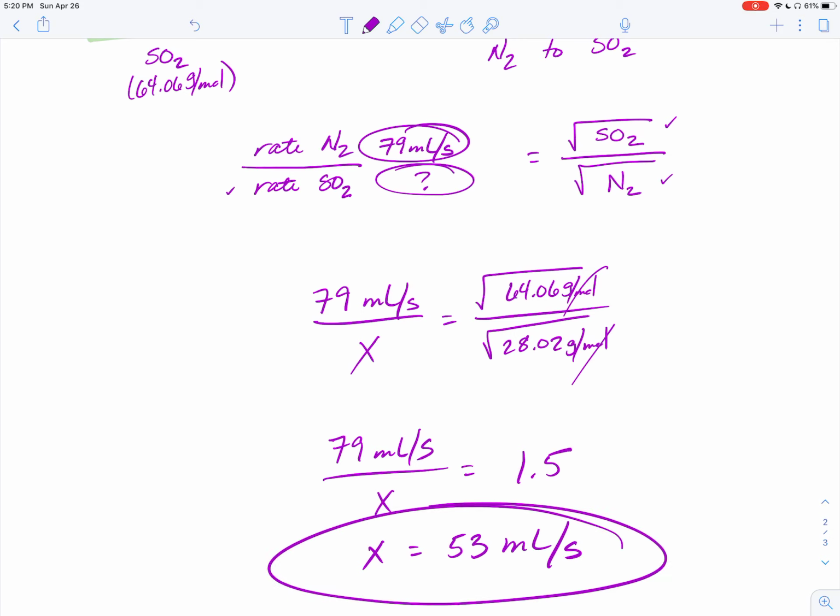This is the rate of SO2. This is how we use Graham's law to calculate things about rates of effusion. Again, you'll need to know molar masses, more often than not, to help you solve these particular problems.